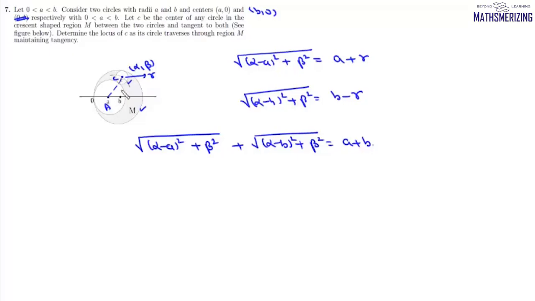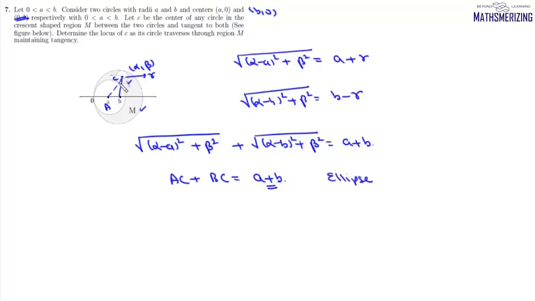Now this is A and this is C. So we can write AC plus, now the other distance is the distance from B, so AC plus BC is equal to a plus b. Now we know that if the sum of the distances of a point from two fixed points is constant, then the locus of this point will be an ellipse.